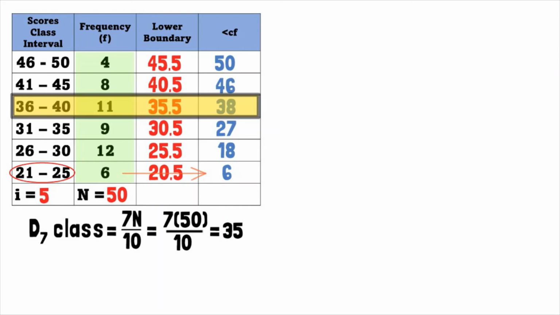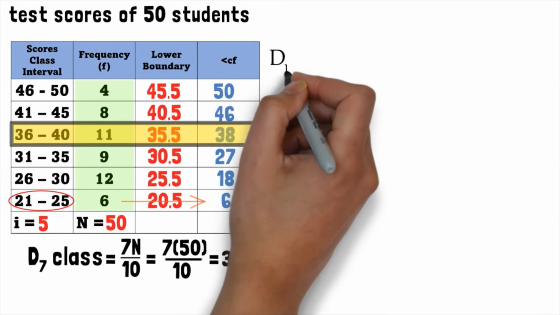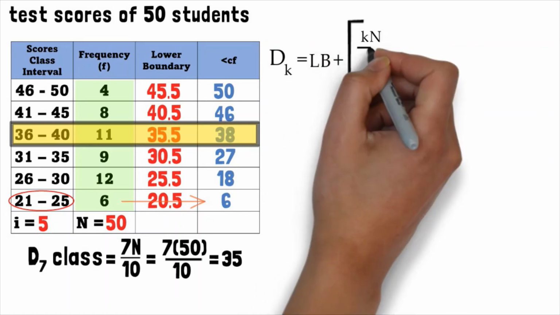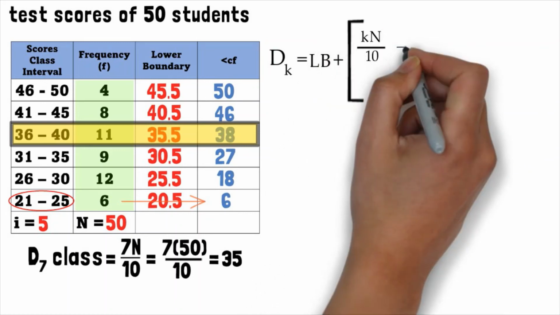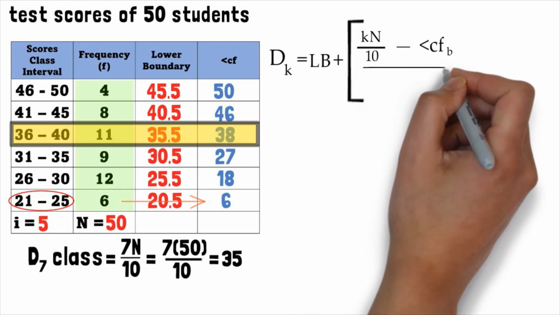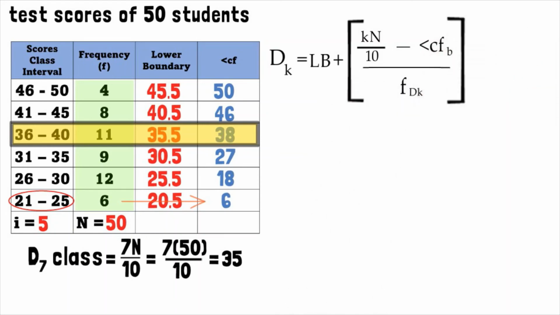Since we have computed and now know which class our D sub 7 is in, let us now compute for our decile using the formula D sub k is equal to the LB plus the quantity k times n divided by 10 minus cumulative frequency below the D sub k class divided by the frequency of the D sub k class times the interval.